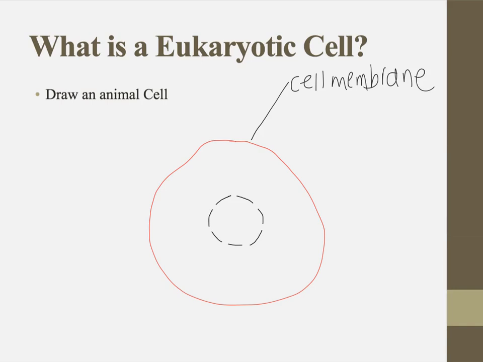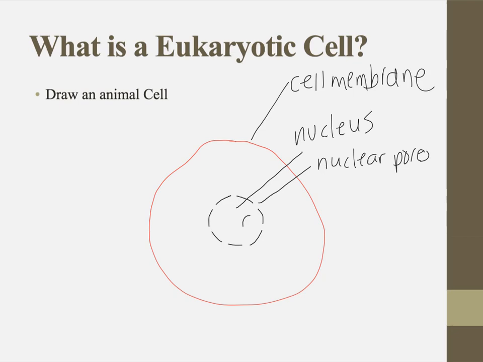This whole general structure is the nucleus, and these holes that I've drawn in that membrane are called nuclear pores. We want to make sure that we have both of those.